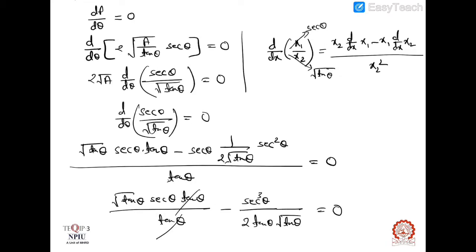Root over tan theta sec theta is equal to sec cube theta divided by 2 tan theta root over tan theta.